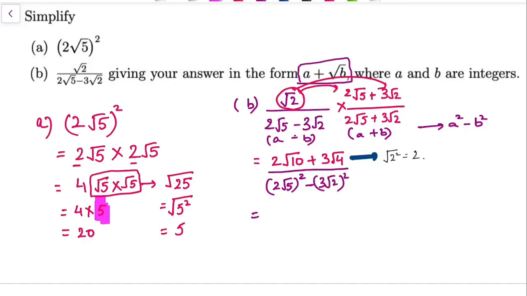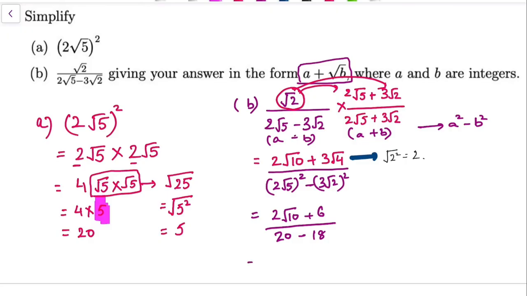All right, so now in the numerator we have 2 square root of 10 plus 3 times 2 is 6, over 2 square is 4, and root 5 square is 5, so 4 times 5 is 20, minus 3 square is 9, and root 2 square is 2, so that will give us 9 times 2 is 18.